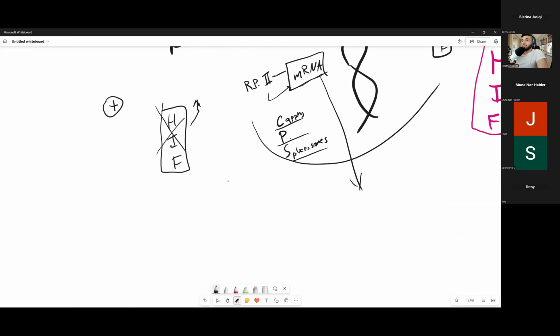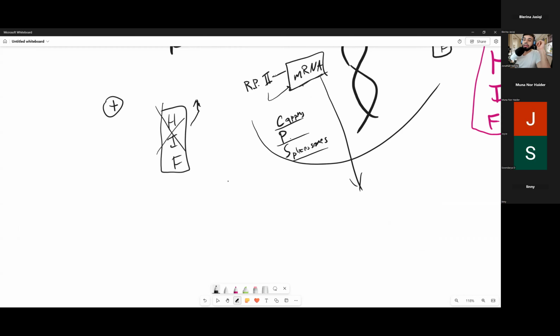So let's remember one concept that we have in biochem: mRNA in prokaryotic cells tends to be polycistronic, while mRNA in eukaryotic cells is monocistronic. So what do I mean by that? A eukaryotic cell, let's just say human cells, let's simplify it.